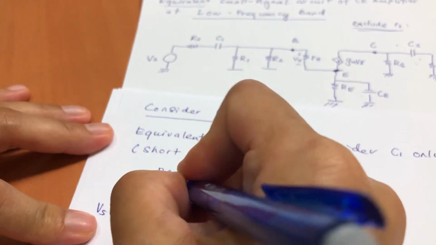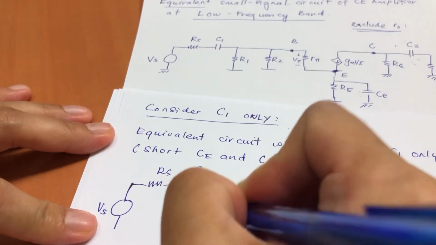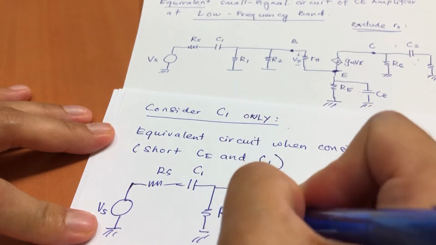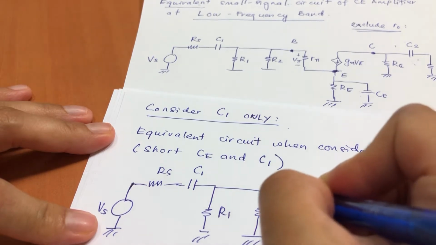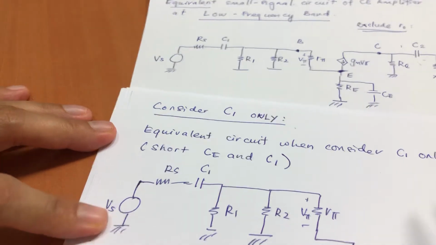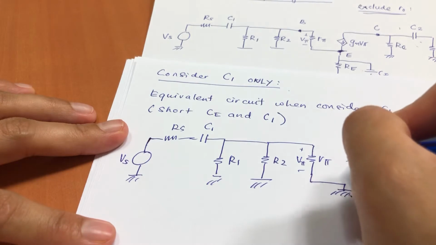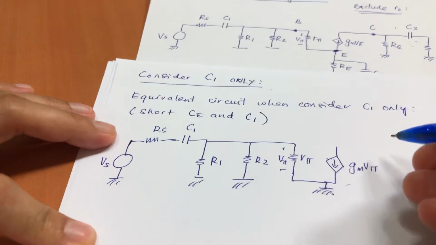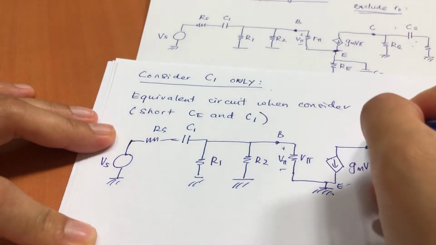RS, C1, R1, R2, R pi. So now it's going directly to the ground because your CE is shorted. gmV pi is your base, emitter, collector.